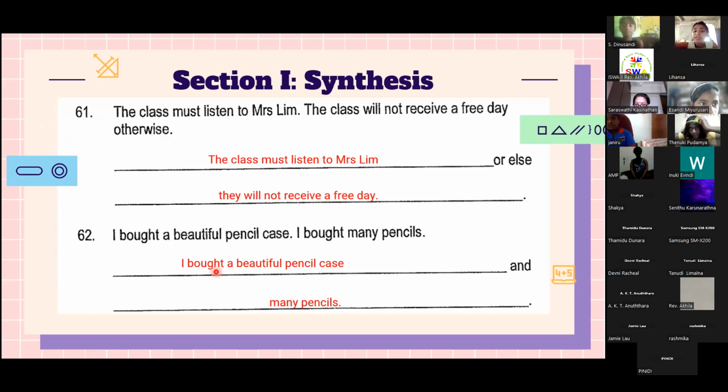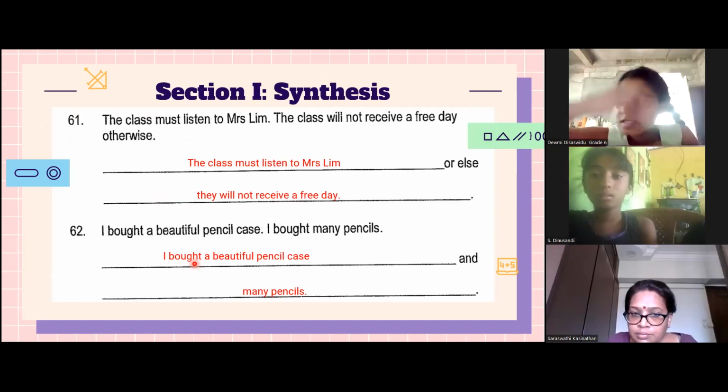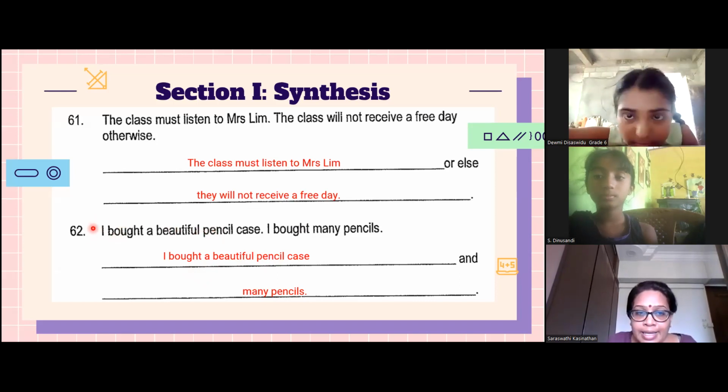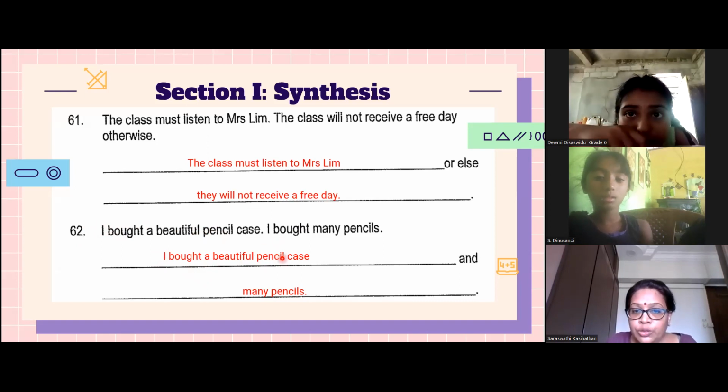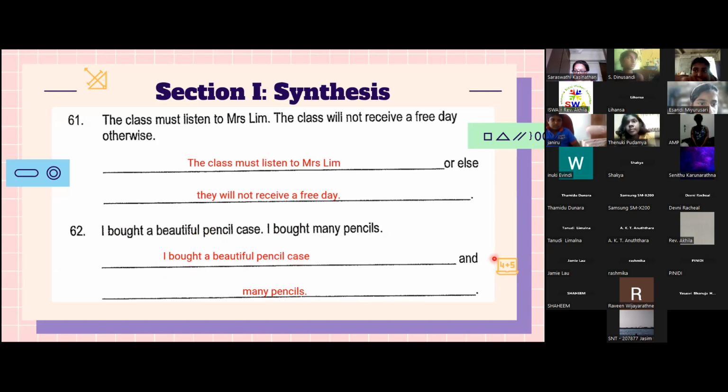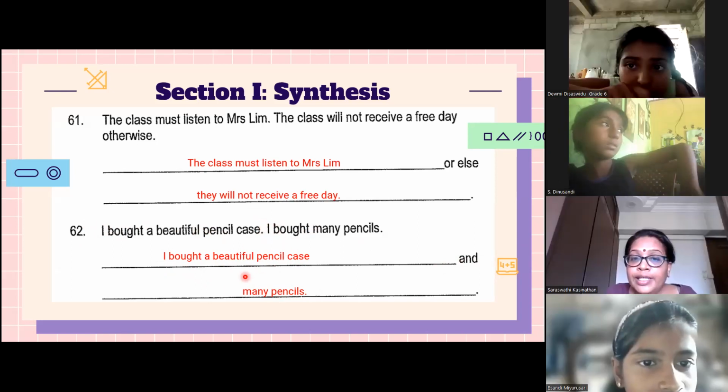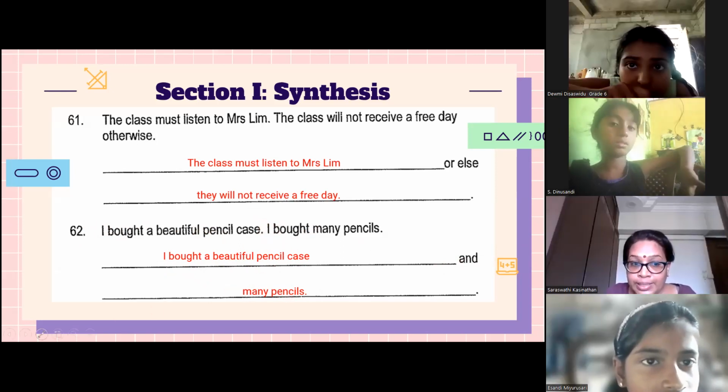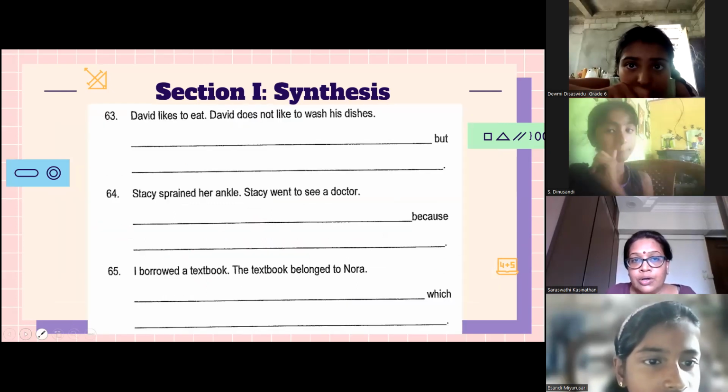Because of that, we don't want to put "I bought" the second time. So "I" here is the subject, right? If you use the subject once, you don't have to use it again. I bought a beautiful pencil case and then many pencils. So the subject "I" doesn't have to be repeated. All right. So that's why we are joining the two sentences together. Very good.